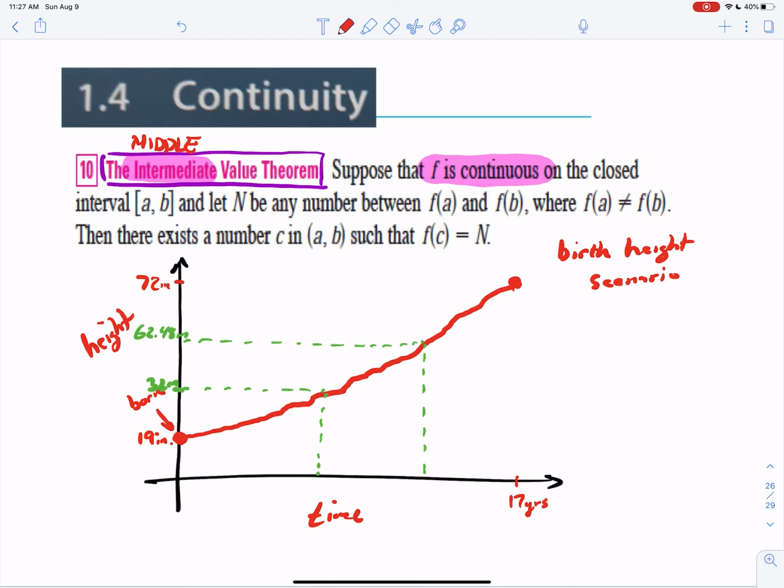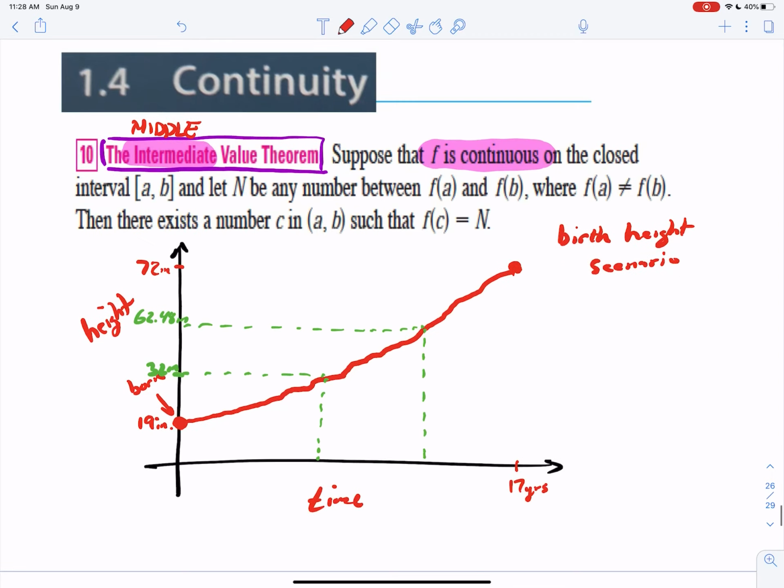So here's what the intermediate value theorem says. It says that if you have any function that's continuous and it's closed, meaning the two endpoints are defined and closed, then you're guaranteed to hit every value in between, meaning there exists some value in between that.